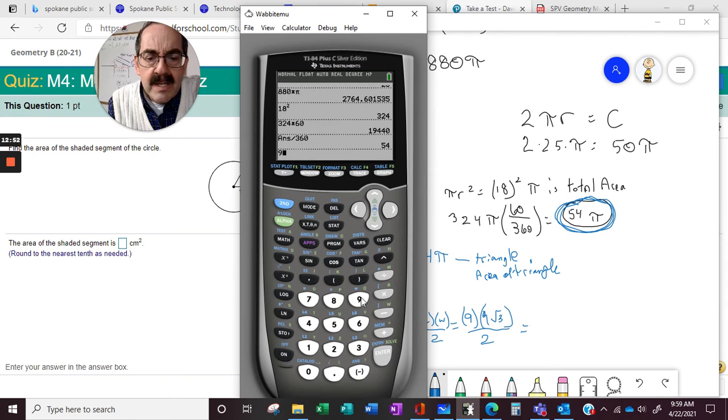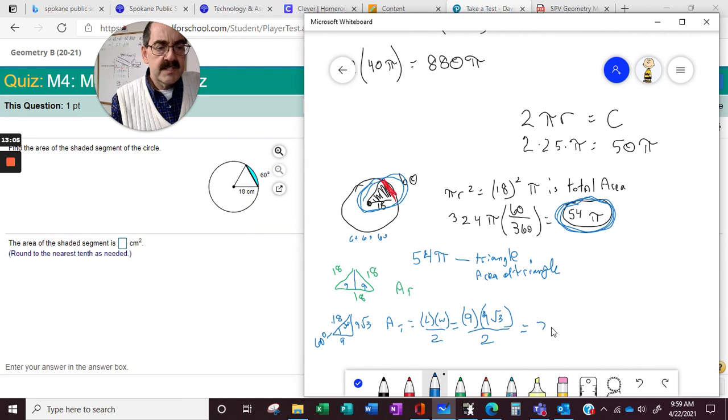So 9 times 9 times radical 3 divided by 2, 70.148. Now, assume I did everything correct.